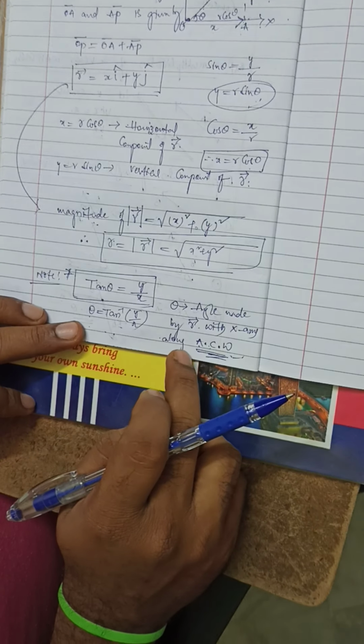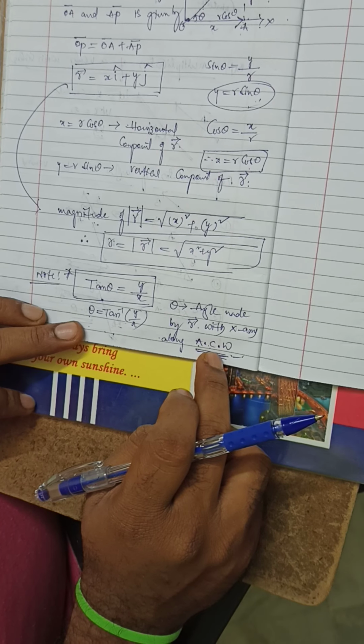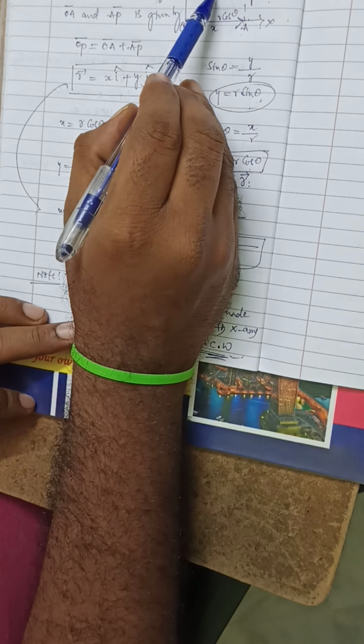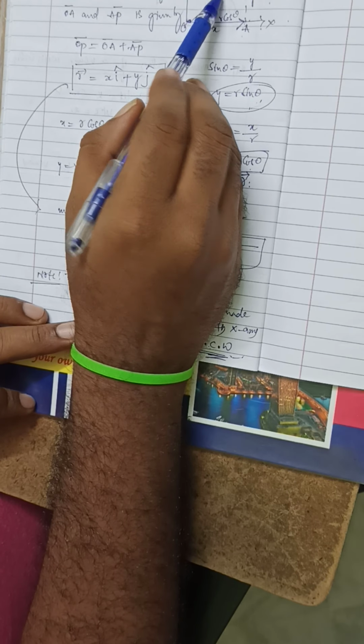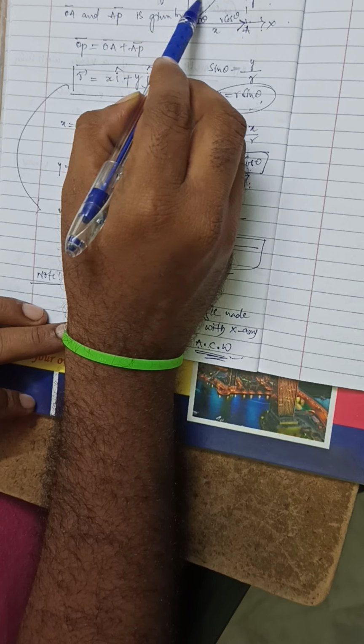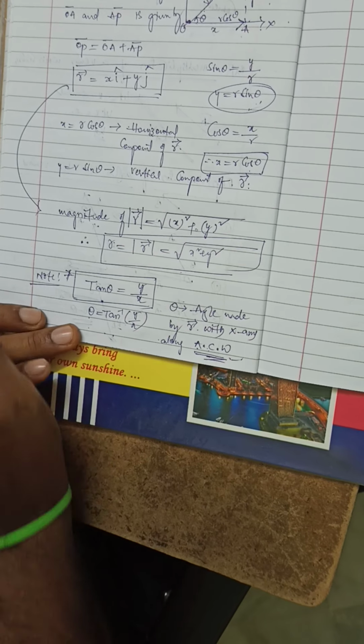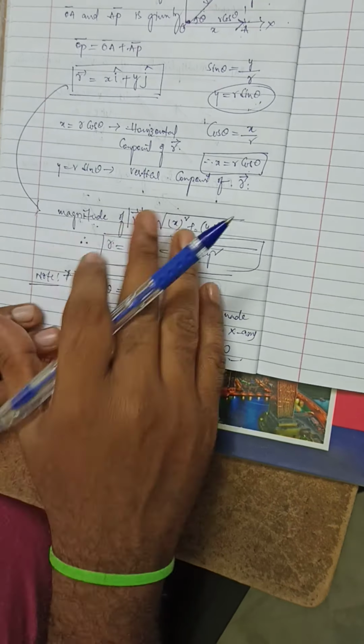Only in the first quadrant is the angle made by the vector with the x axis anti-clockwise. For example, how much is the angle made by the r bar vector with the y axis? That will be in the clockwise direction, that is 90 minus theta. You have to remember these things.